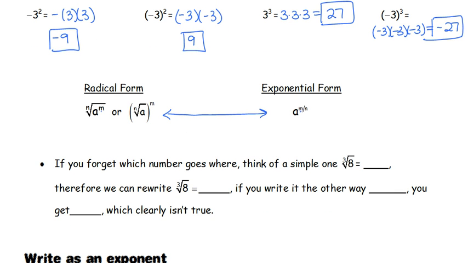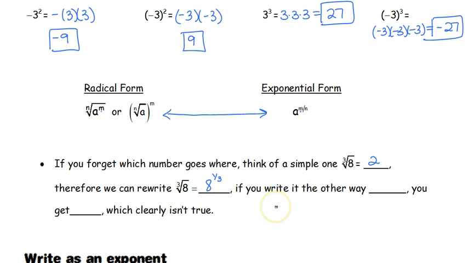If you forget which number goes where, think of a simple one. If we're taking the 3rd root of 8, we know that's going to be 2, because 2 times 2 times 2 is what gives us 8. Therefore, we can rewrite it as the cube root of 8 is equal to 8 to the 1/3. So think about it as a simple example.